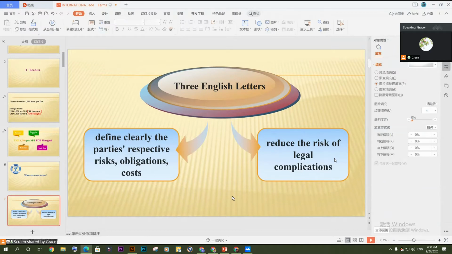It looks very easy, only 3 capital English letters, but they carry a lot of meaning and can tell us a lot about the trade, the products, the carriage, and the insurance. It looks very simple, but it can help us reduce the risk of legal complications.